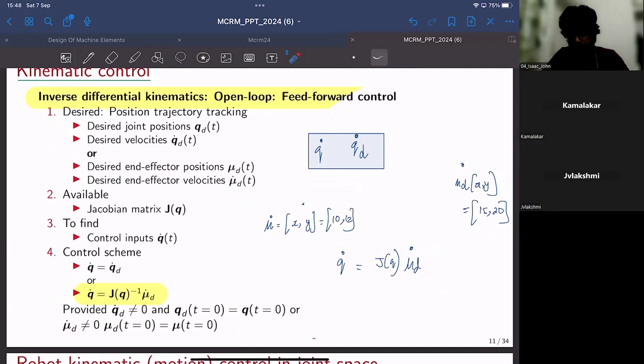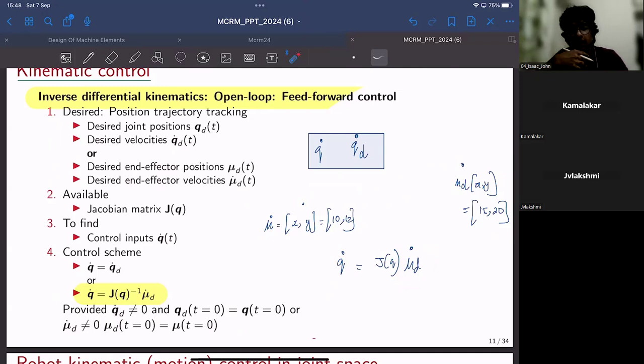That is what I wanted to say. It will only go through the desired positions if the desired initial coordinates and the actual initial coordinates are matched. Otherwise, there will always be an offset between the positions. But the velocity will be the same.